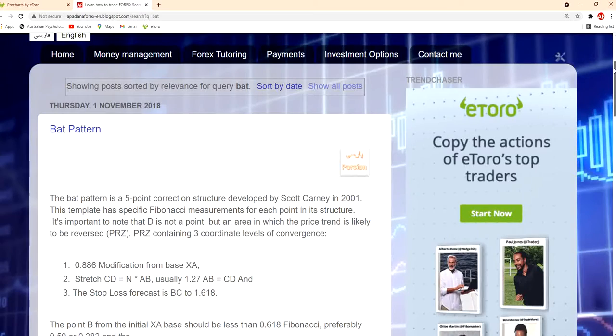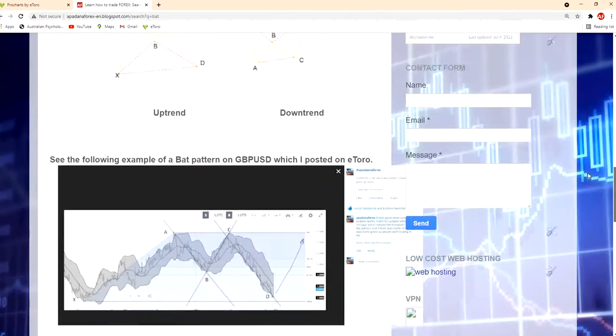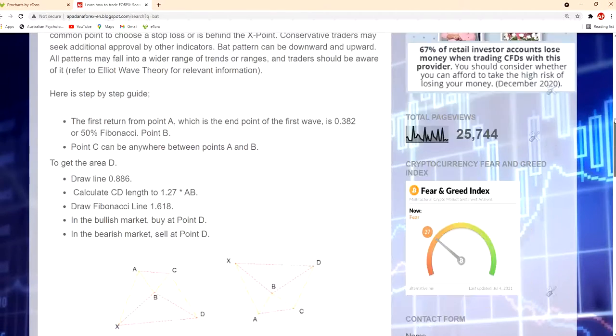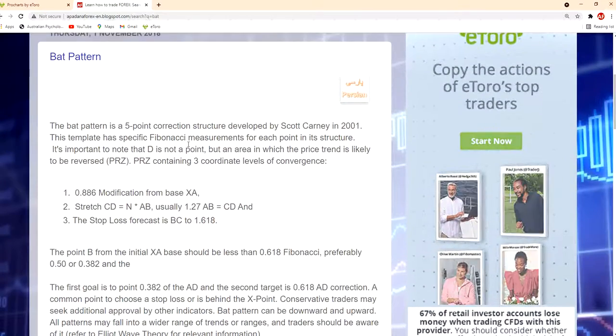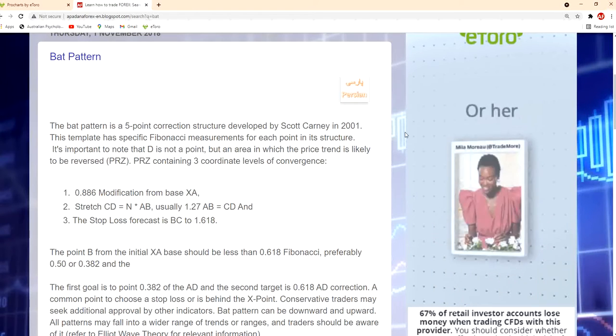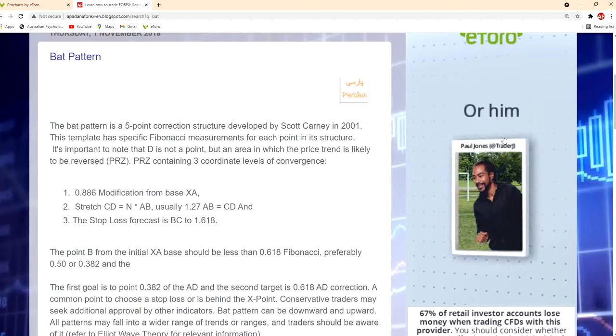The bat pattern, just first look at the shape. This is the uptrend bat pattern, and this is the downtrend bat pattern. Okay. The bat pattern is the 5-point correction structure developed by Scott Carney in 2001.